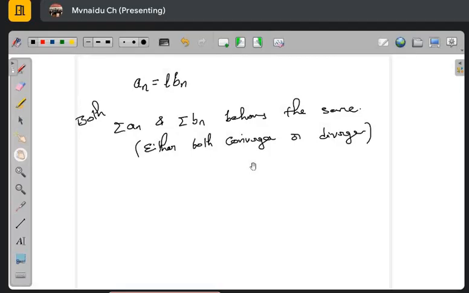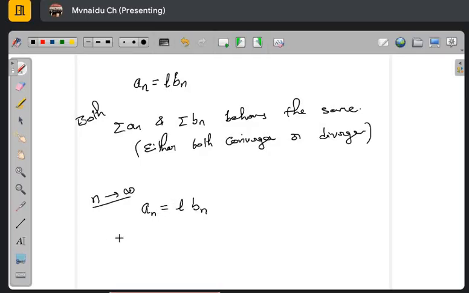So now what we do is basically, as n goes to infinity, we want to see the relation between the two sequences an and bn. Suppose as n goes to infinity, you came to know that an is almost like a constant multiple of bn.